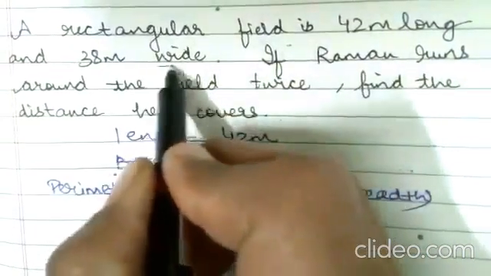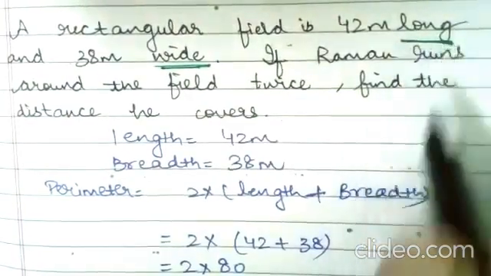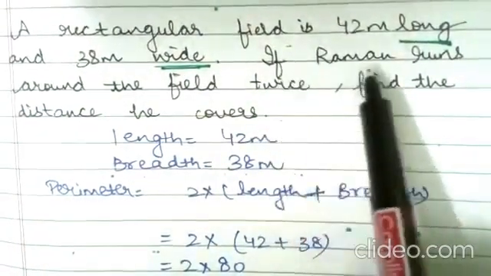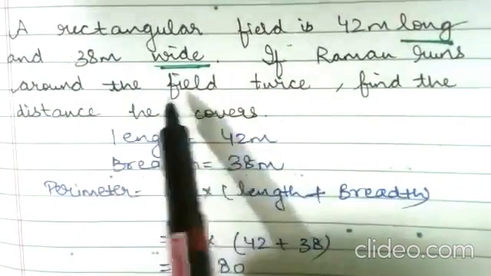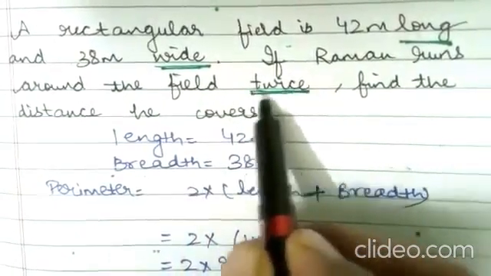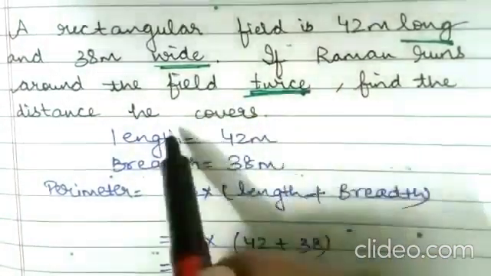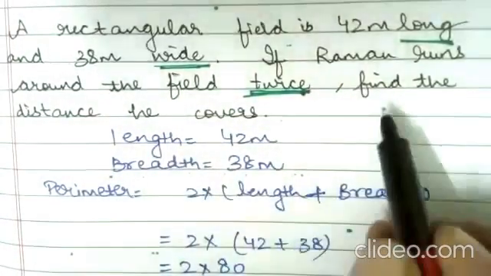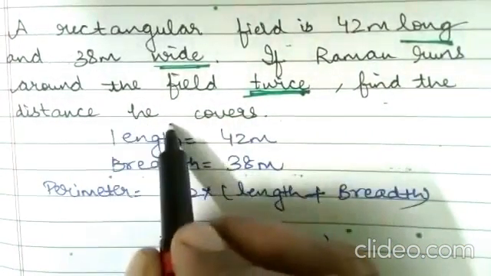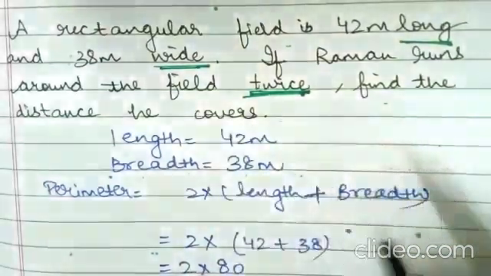Next is, a rectangular field is 42 meter long and 38 meter wide. Again, this is breadth and this is length. If Raman runs around the field twice, means he is running around the field 2 times, and we have to find the distance he covered in 2 rounds.